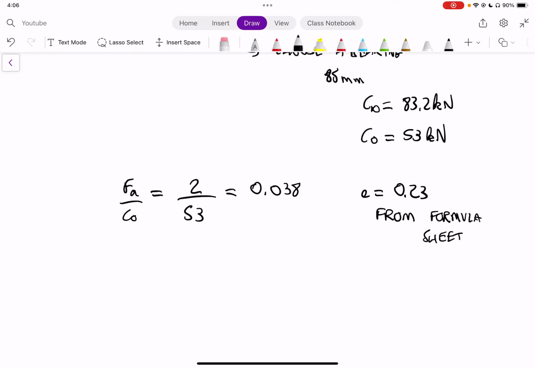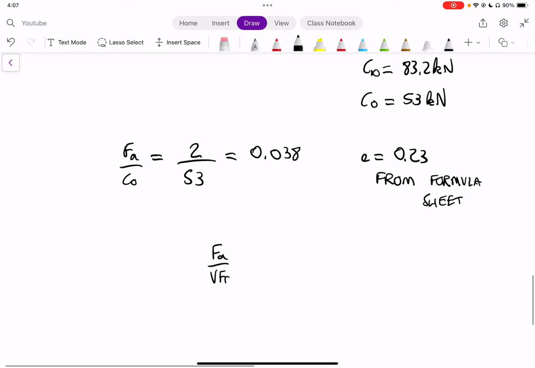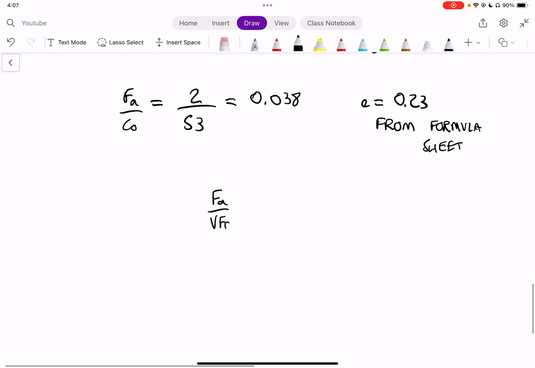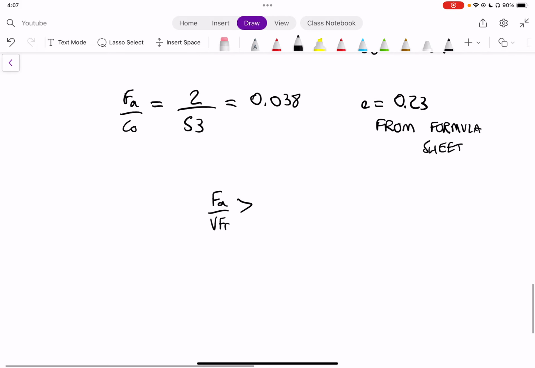Following that, we can clearly say that FA over VFR, which is equal to 0.25, we're given that it's equal to 0.25 in our question, is greater than E. And therefore, we're going to use x2 and y2 for our equation. If we work through our table, we can find that x2 is equal to 0.56. So x2 is always equal to 0.56.